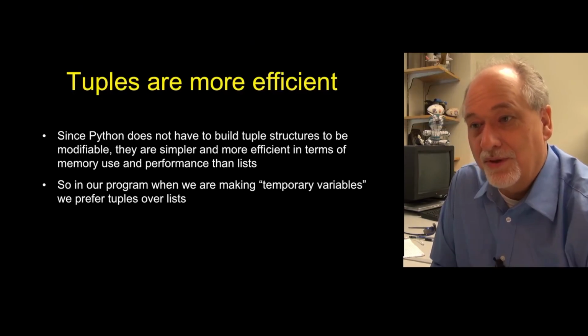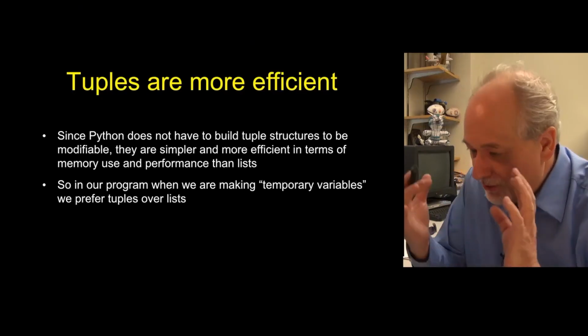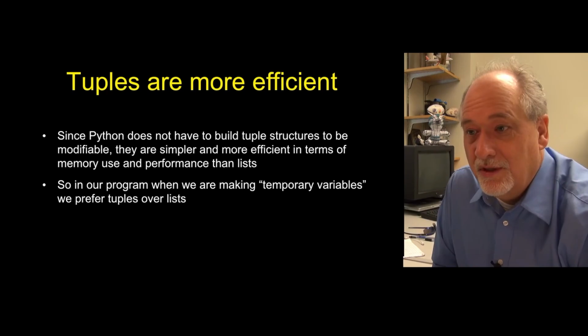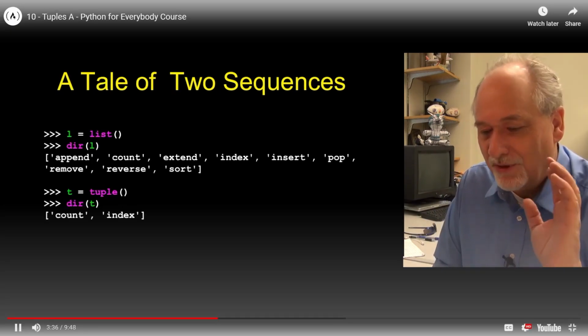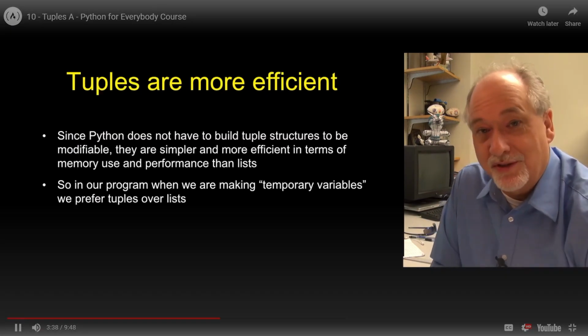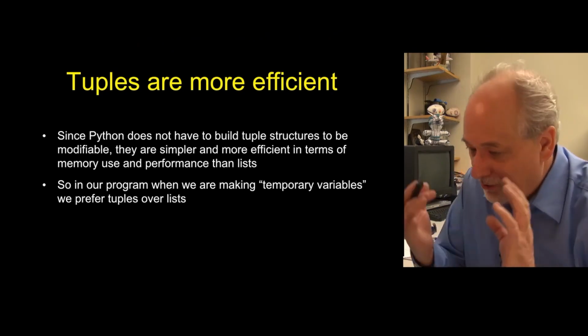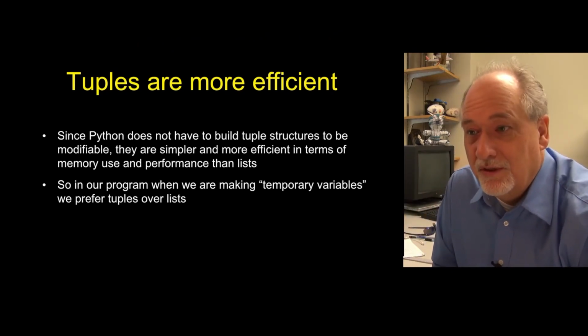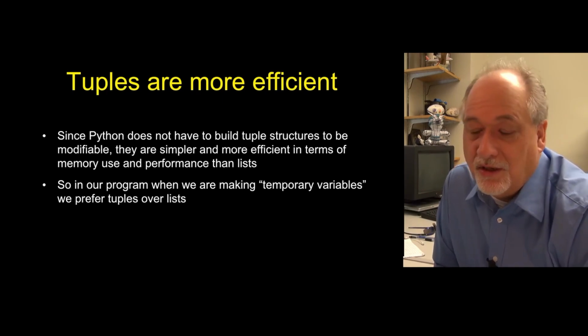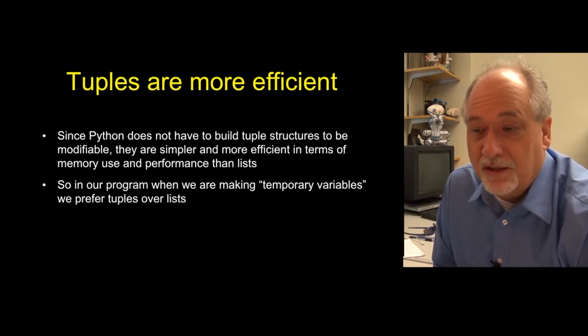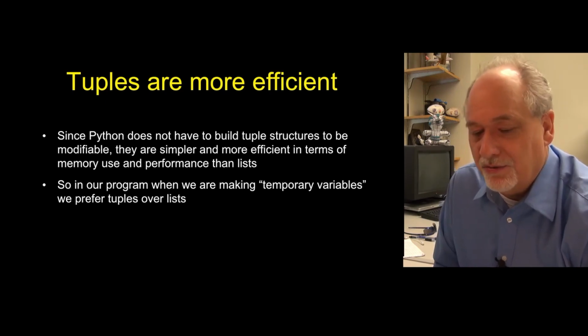They don't have to build Python's own internal organization of these objects. It knows that they'll never be modified, because when you make a tuple, you as the programmer are saying, I'm never going to modify this, and Python won't let you do it.